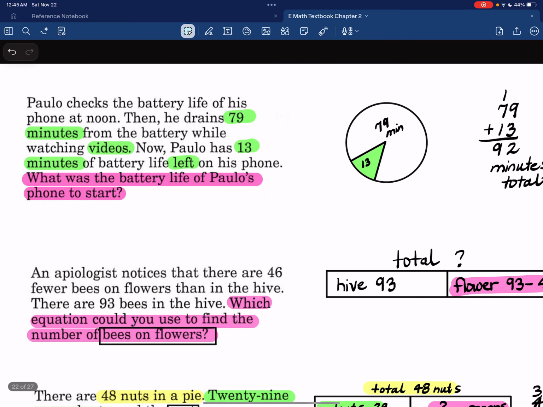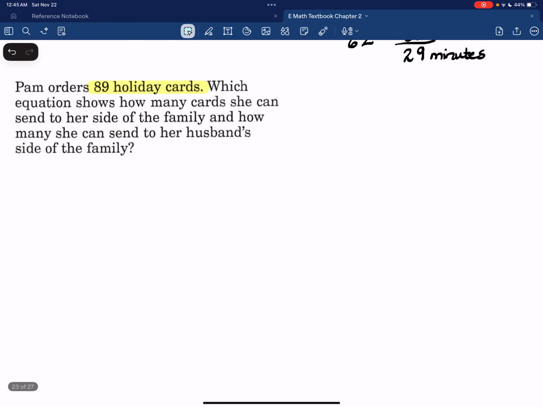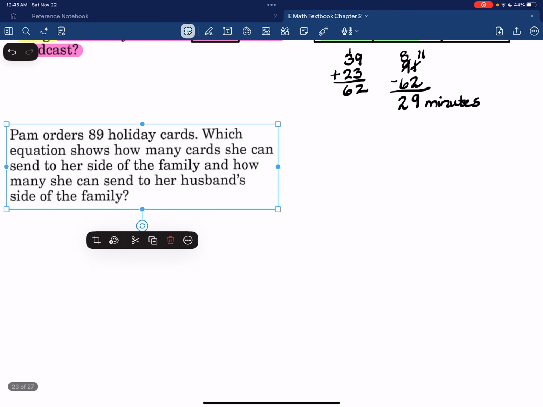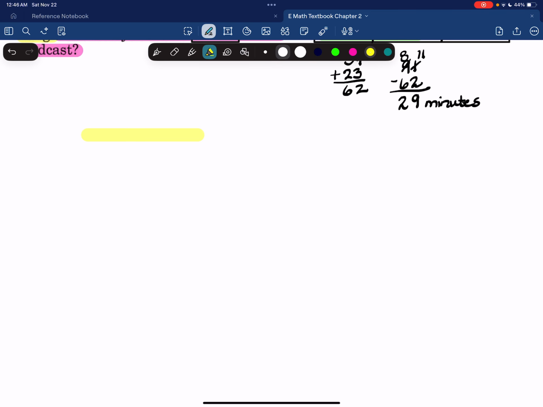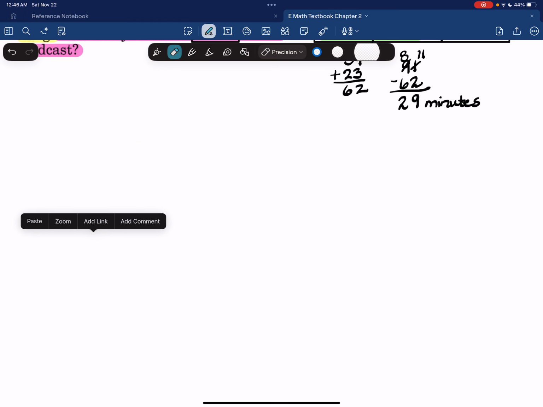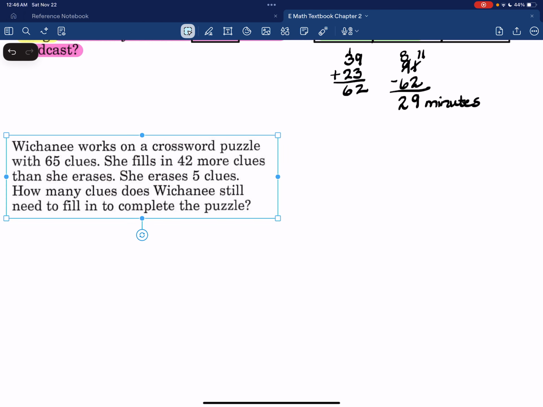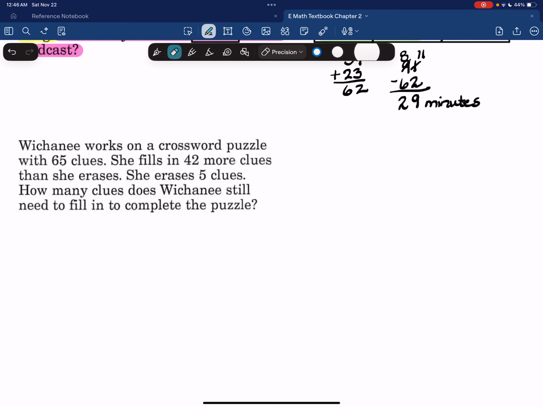It's not easy, but let me get rid of this one about Pam and that bit of highlighter. And then I'll post this problem in. Okay, so let's break it down.